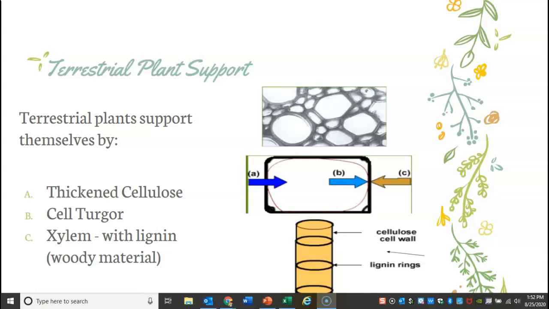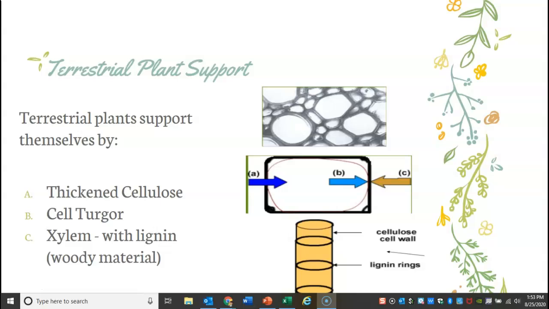So thickened cellulose means that cell walls are functional and thick enough to be able to stack cells one on top of another and make it so that plants can grow vertically. Cell turgor is the idea that the vacuoles inside of plant cells are full of water, which pushes the vacuoles up against all of the edges, maintaining that beautiful rectangular shape that plant cells are known for.